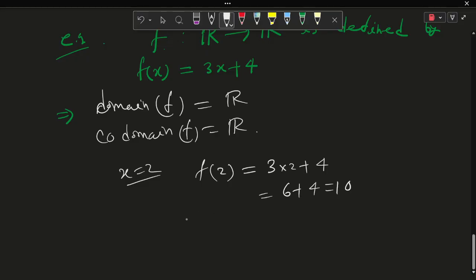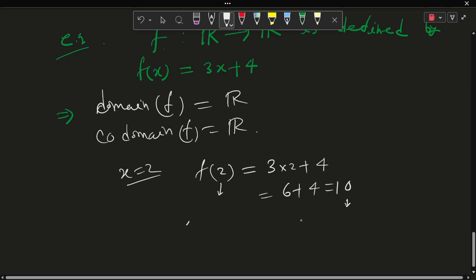So input 2 and output by this f. This is actually an example of this.